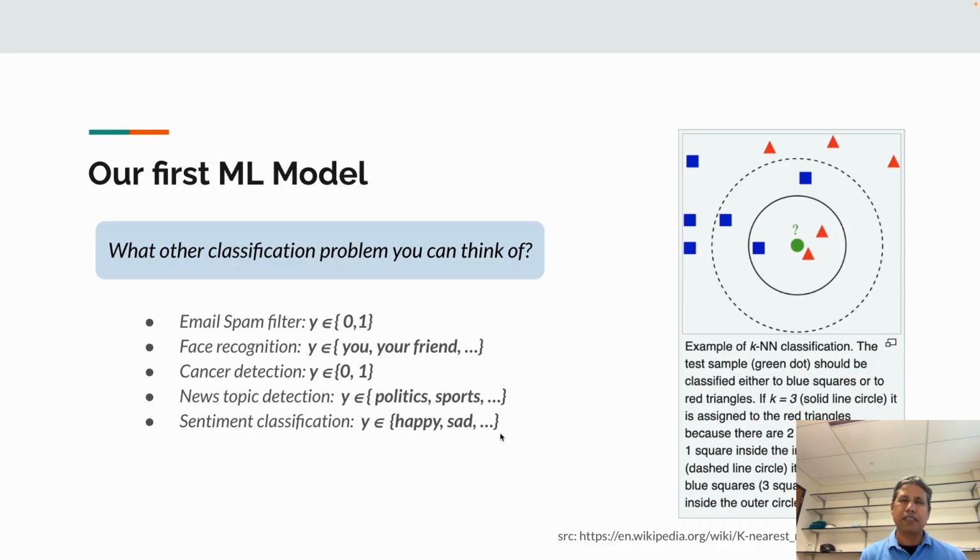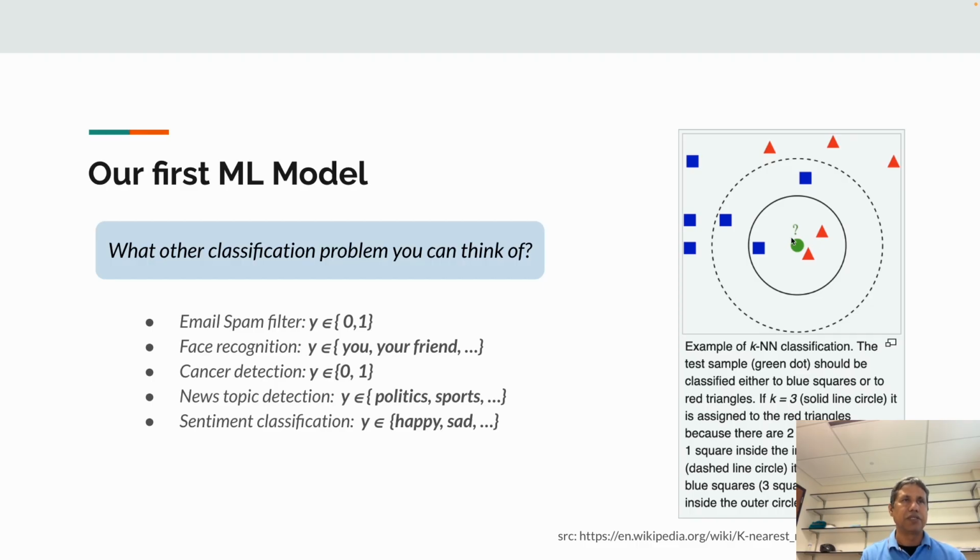What are some other examples of classification tasks? For example, email spam filter, face recognition, cancer detection, sentiment classification. One thing is common in all these problems: the y or target variable is within a predefined set of categories.